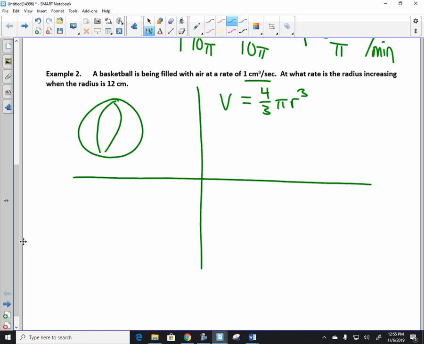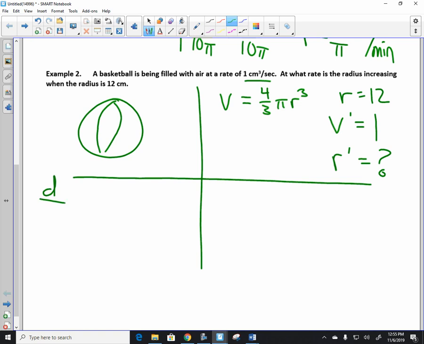What am I given? What do I know in the problem? Okay, radius is 12. What rate? Rate of change of the volume, V prime. V prime is 1. What am I looking for? R prime. Looks like it's going to set up very similar.